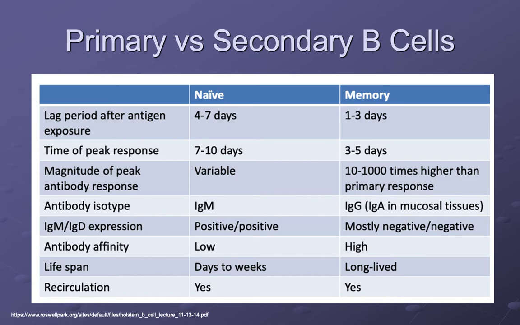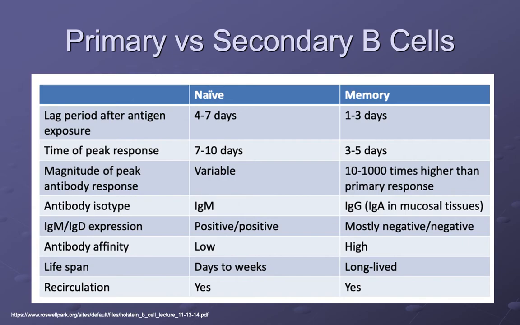Then in terms of magnitude of the peak antibody response, compared to naive B cells, memory B cells are 10 to 1,000 times higher. Now, in terms of antibody isotype, for naive B cells we expect IgM, while for memory B cells, those that are for secretion, normally IgA in mucosal tissues, and of course the most numerous Ig, IgG.